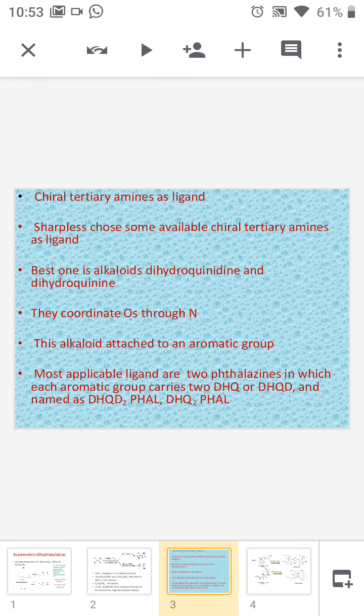This aromatic-attached alkaloid structure is known as (DHQD)2PHAL and (DHQ)2PHAL.